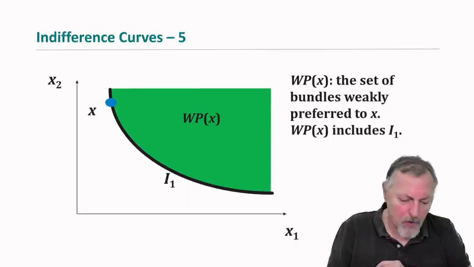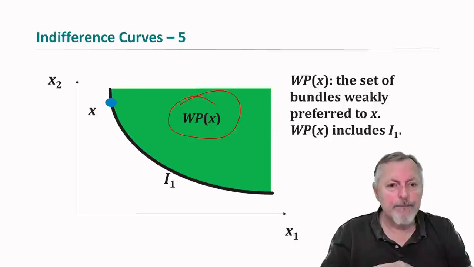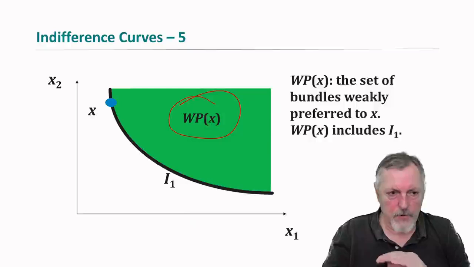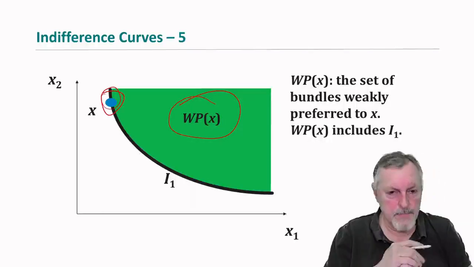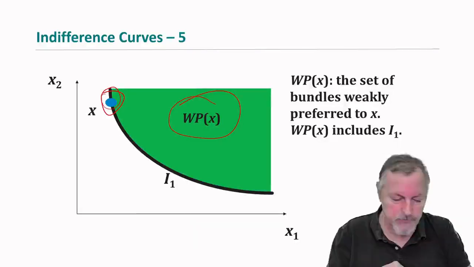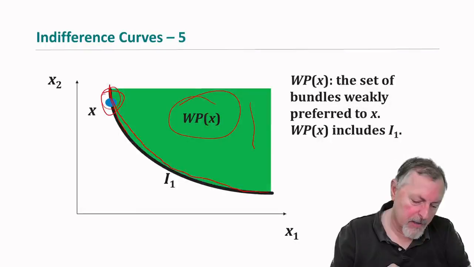Here, all of the bundles in this set are weakly preferred to that bundle. Weakly because, although it's not drawn well here, this set includes that line.